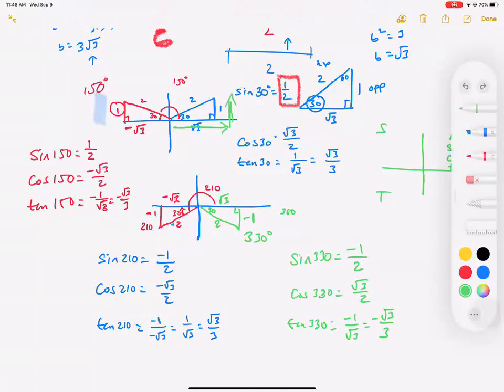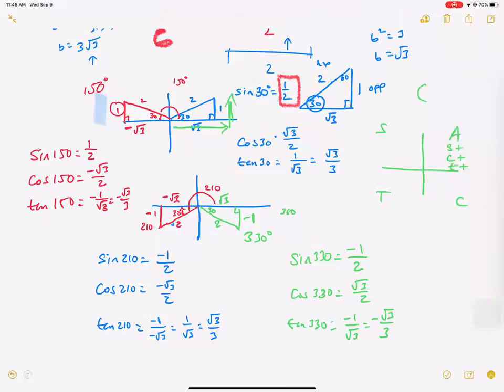Just as a reminder, let's use theta. Cosine is your x value and sine is your y value. That's our general idea. So in quadrant 1, sine, cosine, and tangent, everyone is positive.